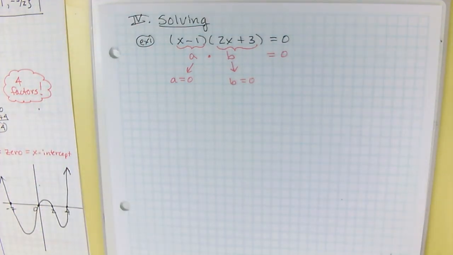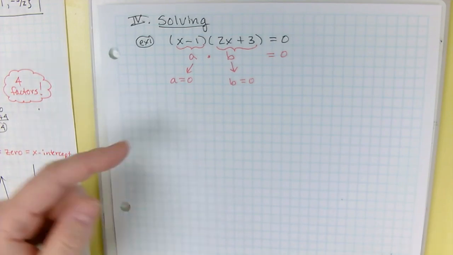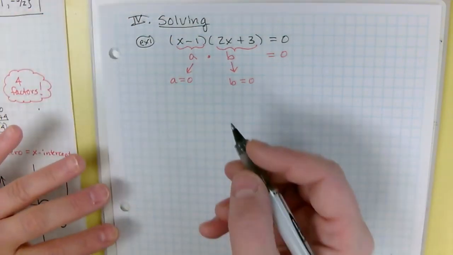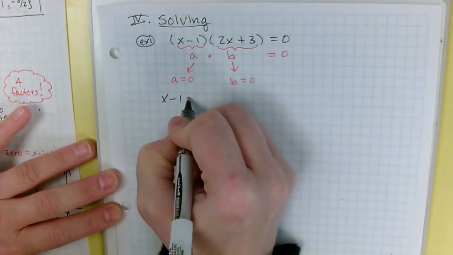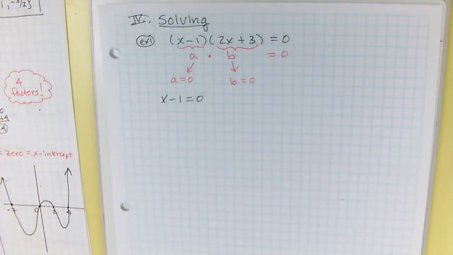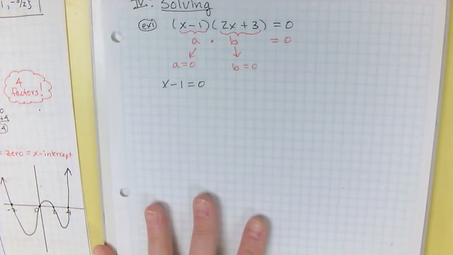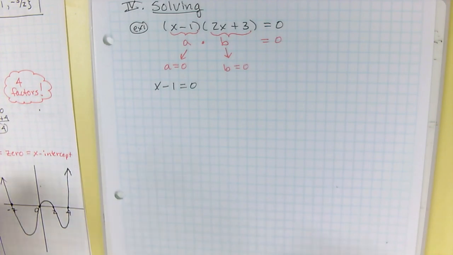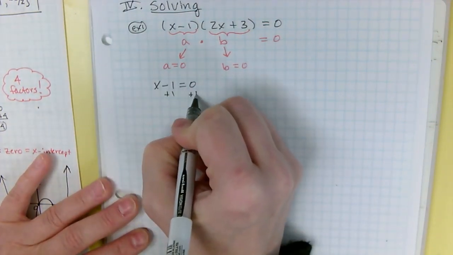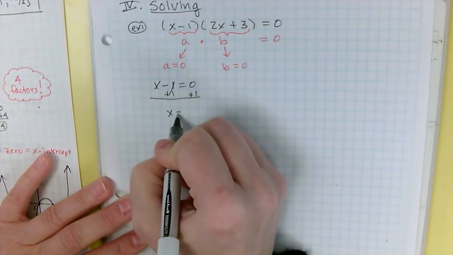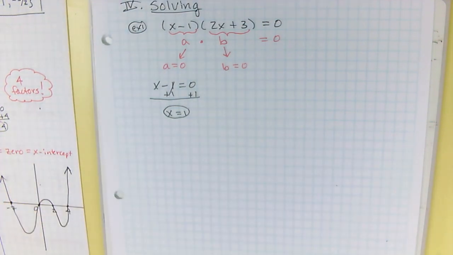So what we say is, okay, what if a is 0? So since a is x minus 1, what if x minus 1 equals 0? If that equals 0, what x would have to make that happen? Well, we solve, so you add 1 to the right. X would have to be 1 to make a equal to 0. So that is one possible solution.